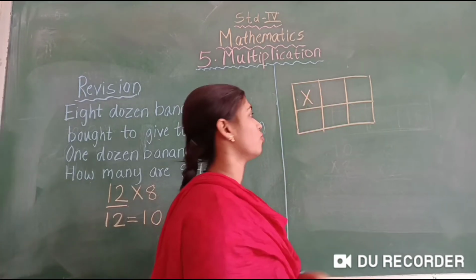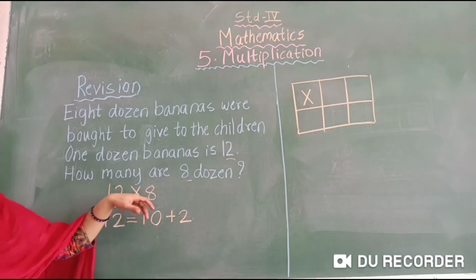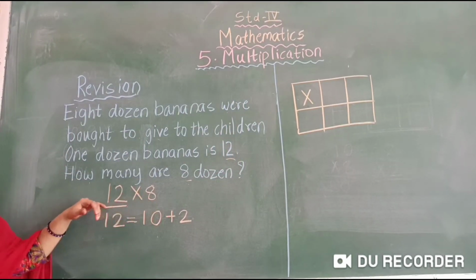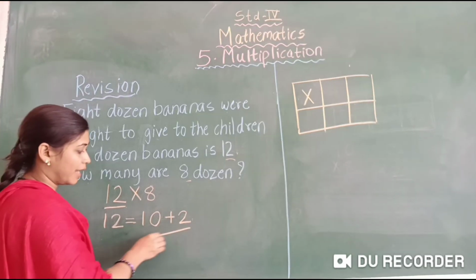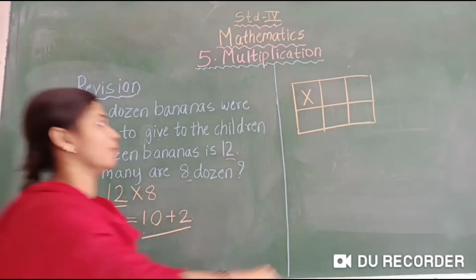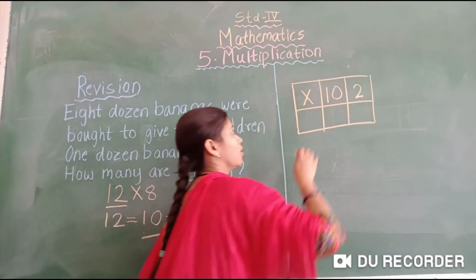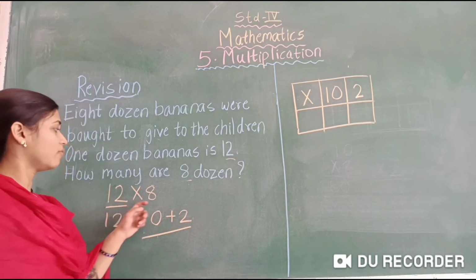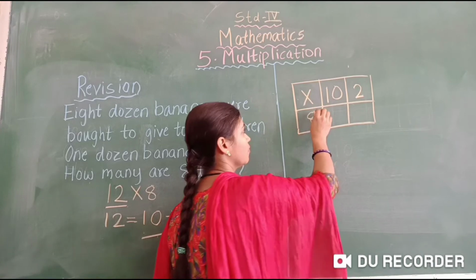This is the sign of multiplication. Then, this number 12 multiplied by 8. 12 we have already written in the expanded form. Therefore, we will write this number in that column: 10 and 2. 12 is multiplied by which number? 8. And 8 will be written here.